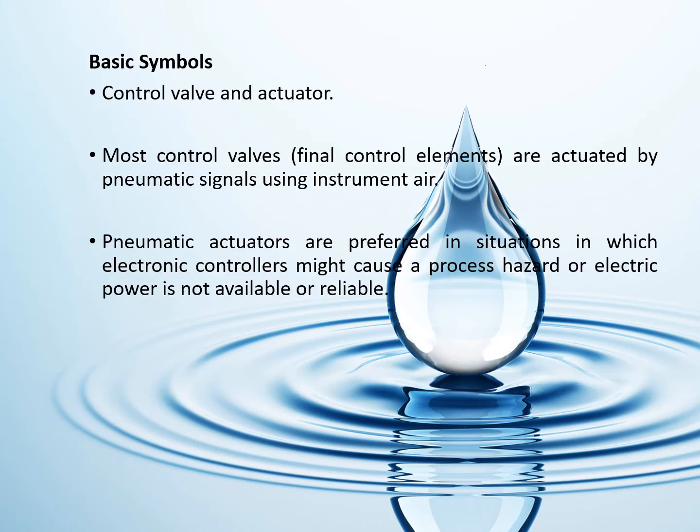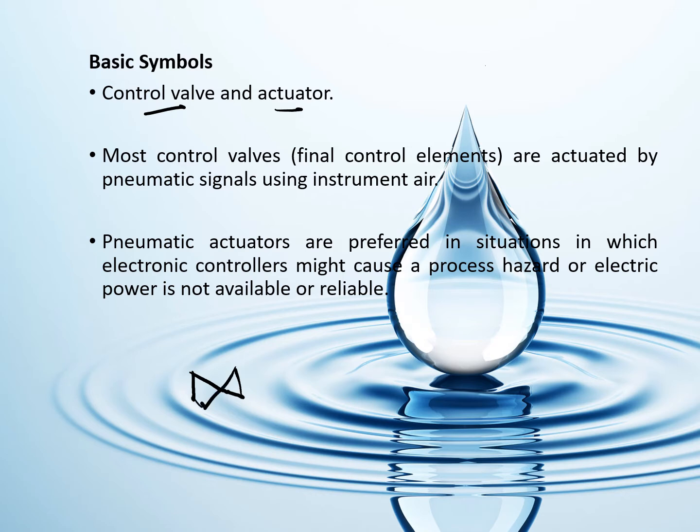Okay, the basic symbols for control and instrumentation are a control valve and also an actuator. Most control valves are actuated by a pneumatic signal using instrument air. What is meant by this statement is, okay, this is a control valve.